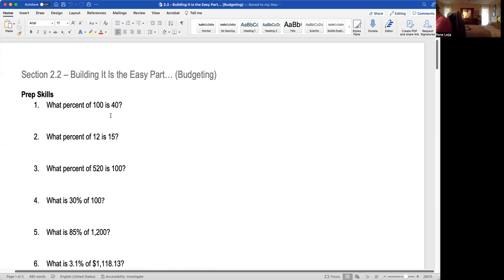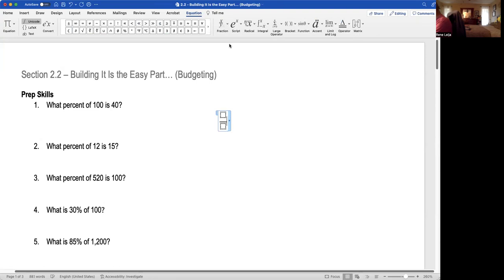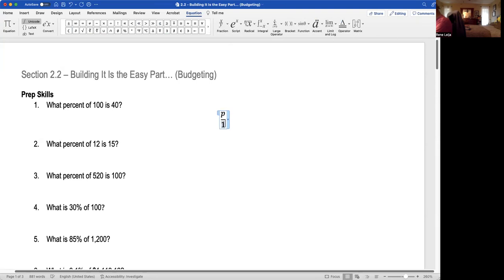Okay, well, percent is a number over 100. So 20% would be 20 over 100. 35% would be 35 over 100. So what we're going to do here is I'm going to say P over 100, because I don't know what the top number is, but I know that the bottom number, because of percent, has to be 100.